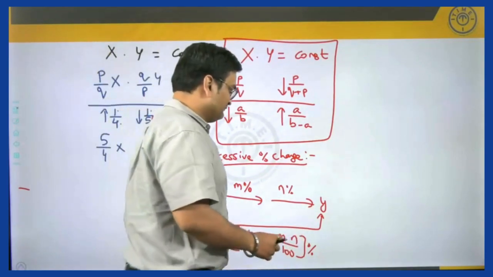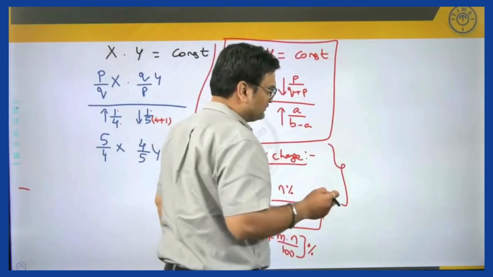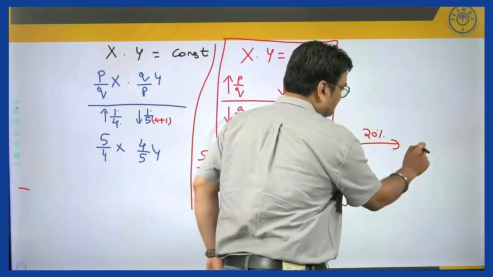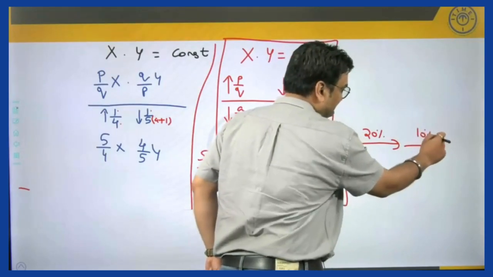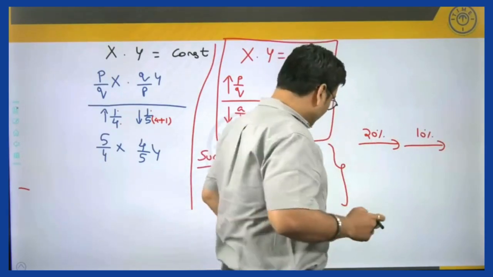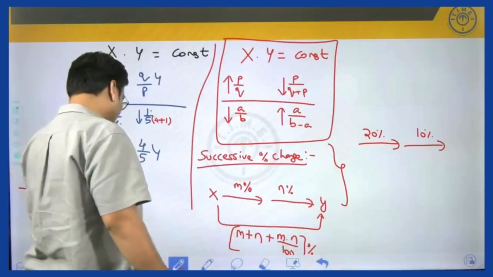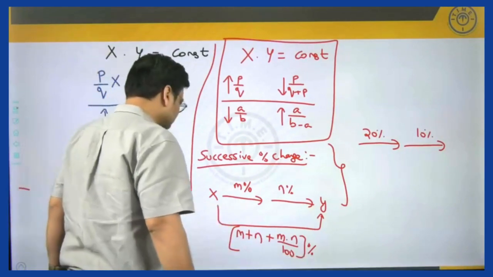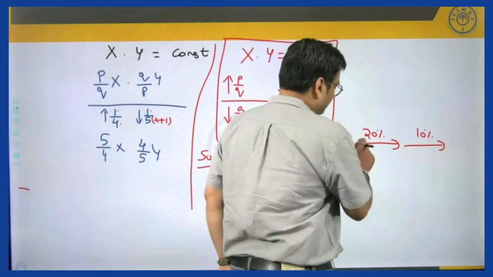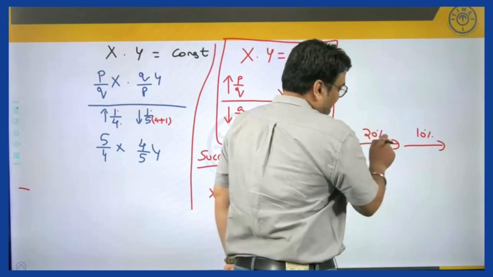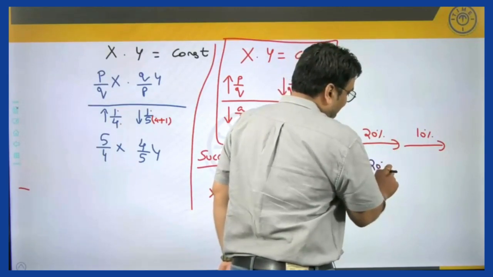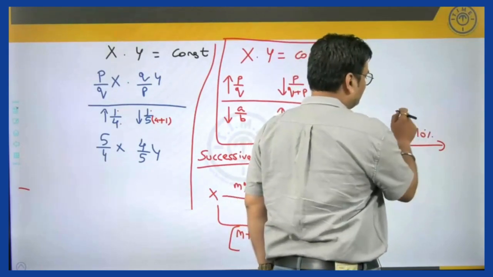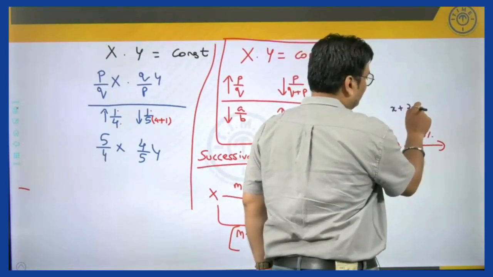Now how does this come? If you want to understand that, please notice one small numerical example. Say the variable increased by 20%, following that it increased by 10%. So what is the overall increase? I am not going by the formula here. Whatever variable you would have taken, x, firstly it would have grown by 20%, correct? So if it grows by 20%, it will become x plus 20% of x.